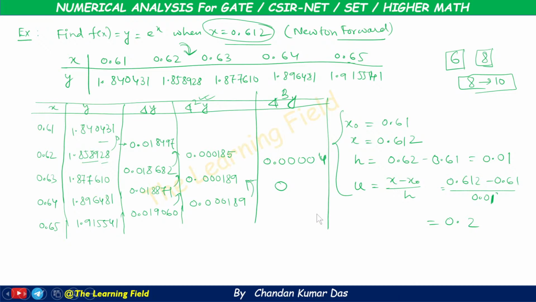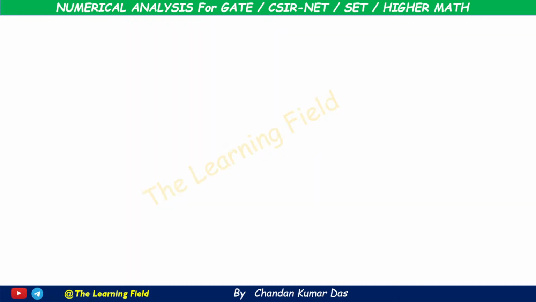Now we write the formula. We have to find y of x, or phi of x, at the point 0.612.